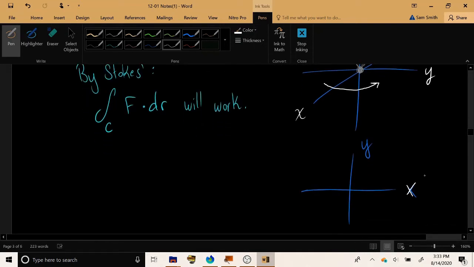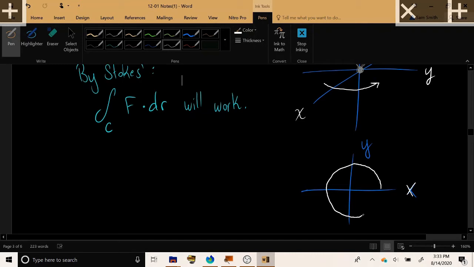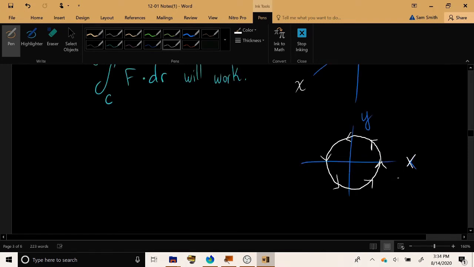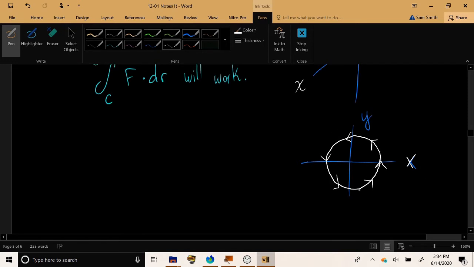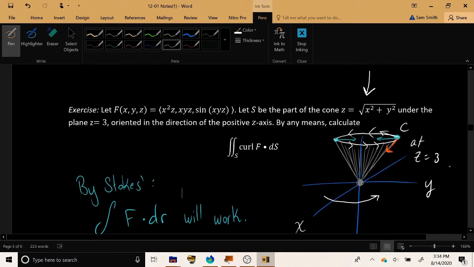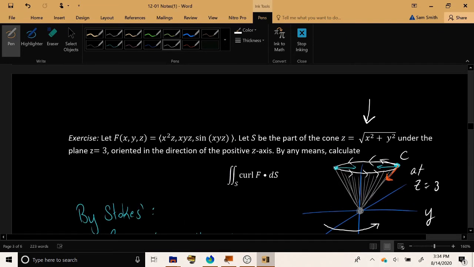And so to match that, on this 2D drawing, I'll have to curl from the positive x direction to the positive y direction. All right, the matching orientation. So this circle is being traversed counterclockwise, and let's think about its radius.